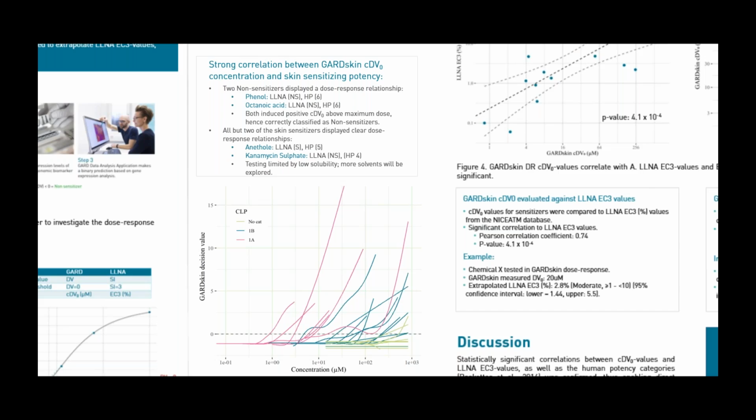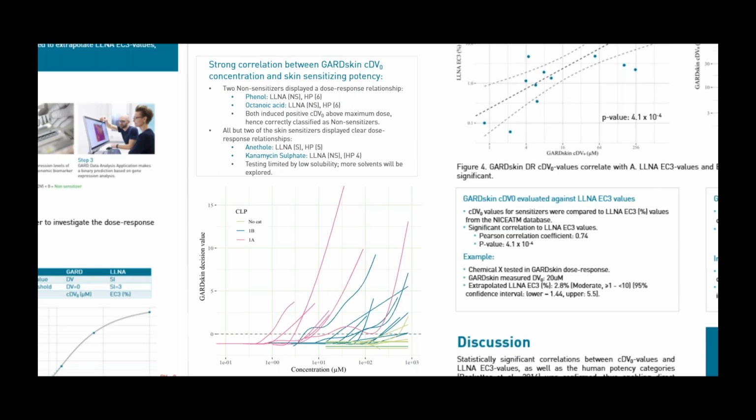For the skin sensitizers, all except two gave rise to nice dose response curves, and the exceptions in this case were very weak sensitizers, which by definition would require a much higher concentration in order to induce a positive response. In this case, they were unfortunately limited by solubility issues, but we will further explore the testing of these substances using less polar solvents in order to be able to increase the concentration.